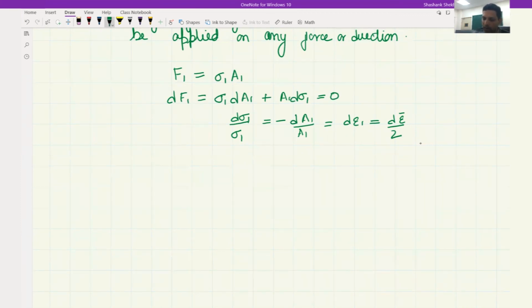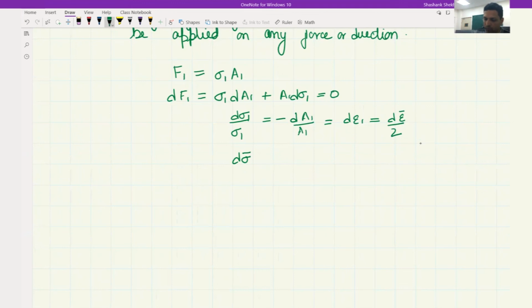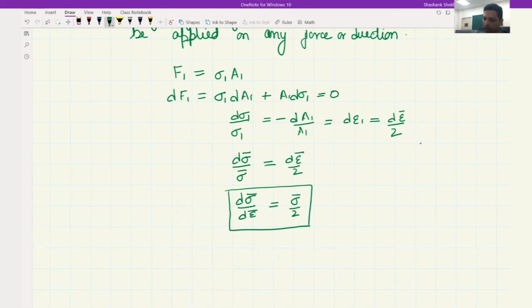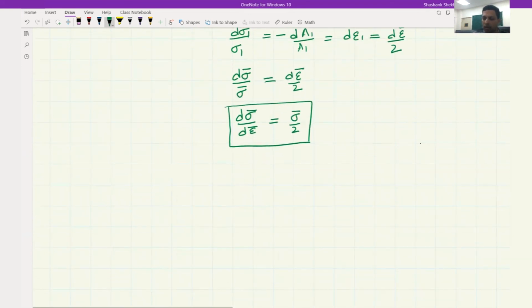Therefore, in other words, we can write d sigma bar by d epsilon bar is equal to sigma bar by 2. So for the biaxial loading condition, this is the relation that we get.